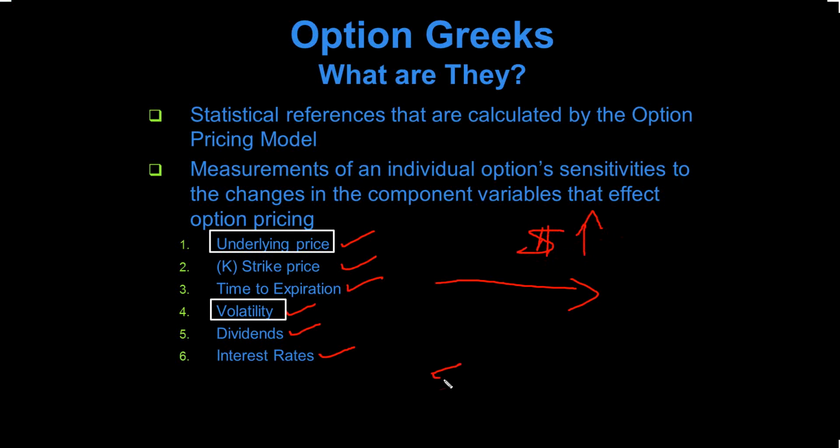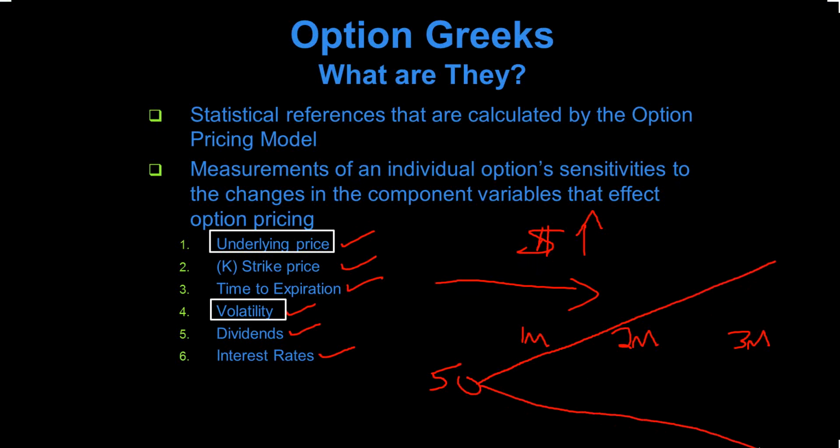Well, if a stock price is at $50 a share, 1 month, 2 months, and 3 months out, that cone starts spreading like that on where that stock price can go. If you're 1 month out, the range may be like that. If you're 2 months out, the range may be like that. If you're 3 months out, the range may be like that. And we'll talk about this range and define it in more precise terms in a minute. But that's essentially how options work.